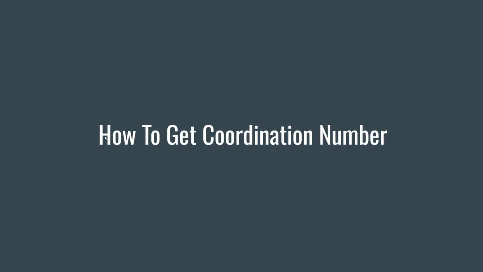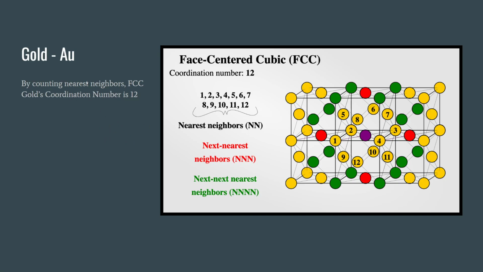Now, how do you get the coordination number of a lattice? For gold, as our first example, to get the coordination number, you simply count the atoms in the expanded 3D multi-unit cell lattice here. You take one atom and count its nearest neighbors to get gold's coordination number of 12.